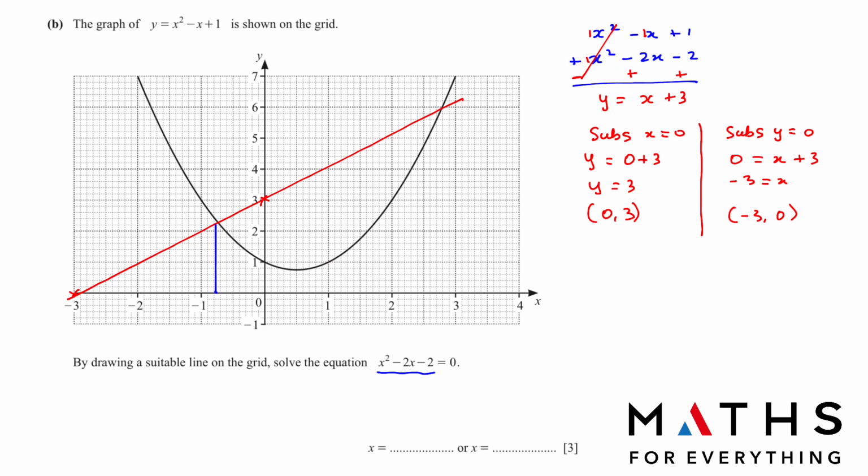And the other x value is, we'll just draw the line the same way, 2.7. If you have any answer between negative 0.7 to negative 0.8 or 2.7 to 2.8, your answer will be accepted.